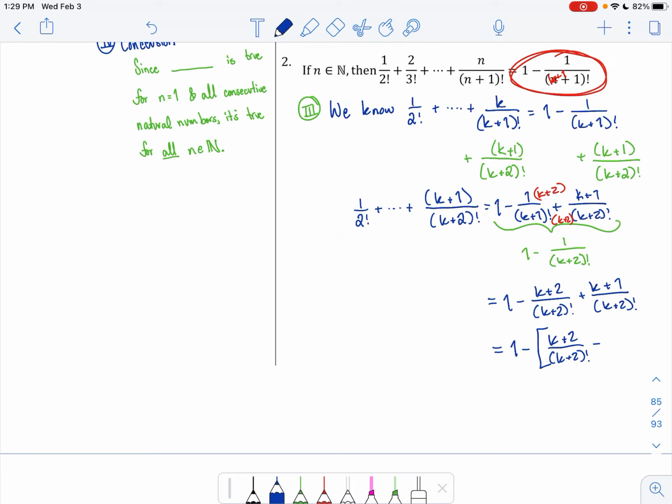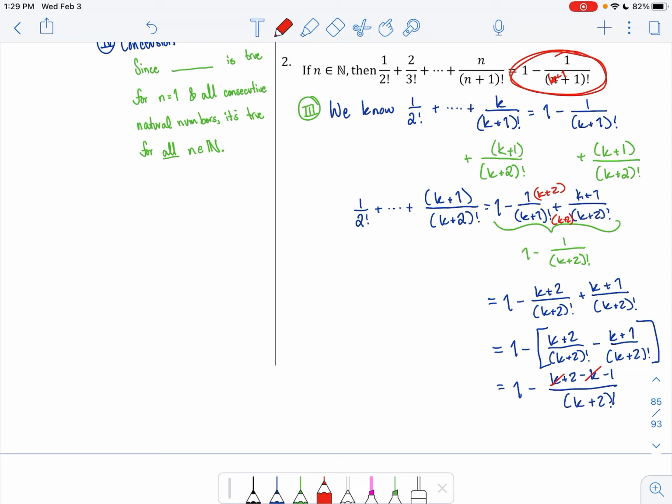So I'm going to write this in brackets, if you want to do it like this, just to help you understand the logic, because we want to keep that subtraction. So then this would be minus, with the double negative. That gives us 1 minus k plus 2 minus k minus 1, because we're subtracting the whole numerator, over k plus 2 factorial.